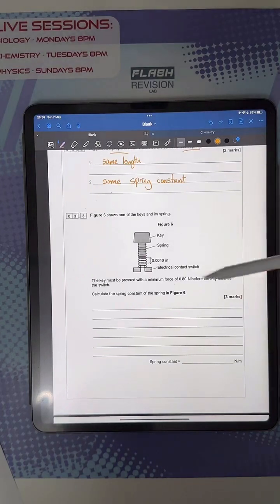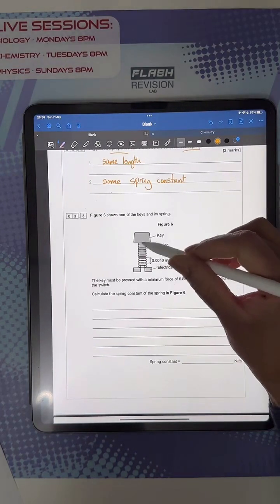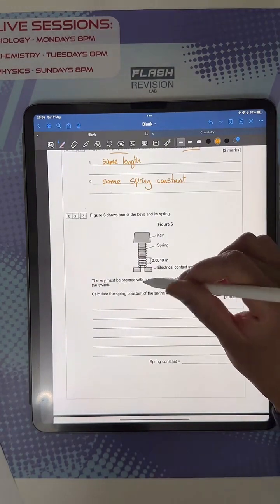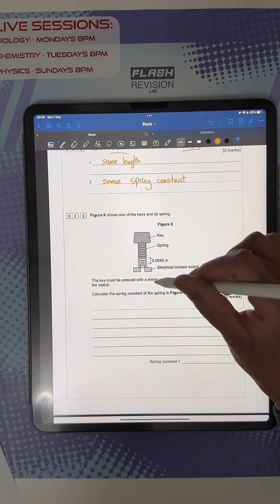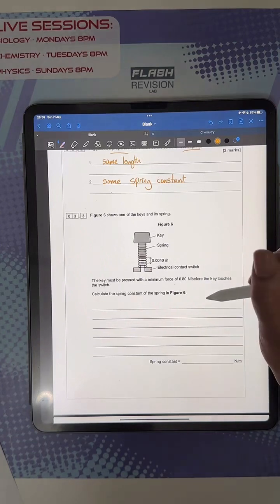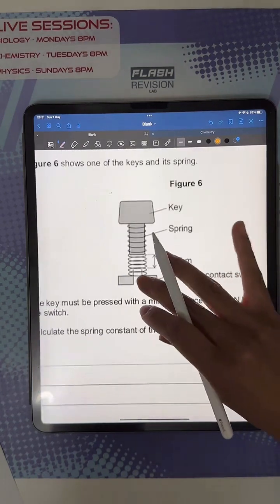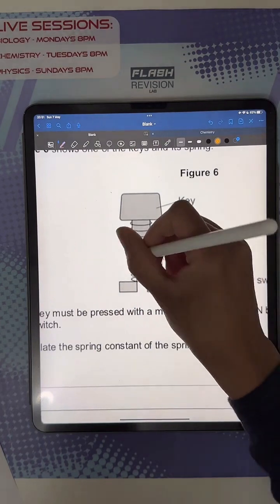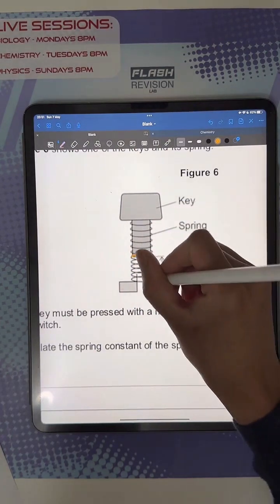Okay, so here we've got one of the keys. We've got the spring here. And the key must be pressed with a minimum force of 0.8 newtons before the key touches the switch. So basically, let's look carefully. There's a distance of 0.004 between this bit and this bit.